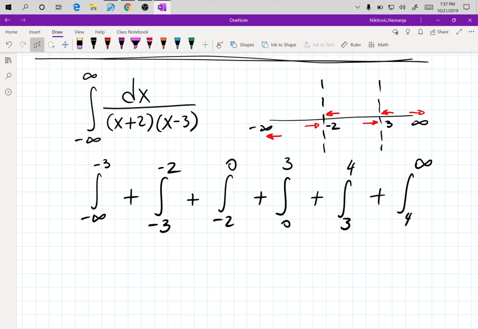So imagine yourself walking over here, and you ask yourself, which direction am I coming from? You are left of 0, you are coming from the left. You are walking right, but you are coming from the left. So x approaches from the left. That's the wording. Approaches from the left, so 0 minus.